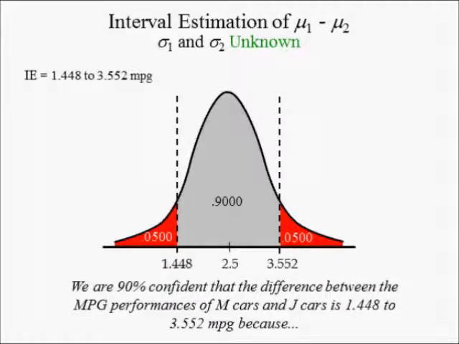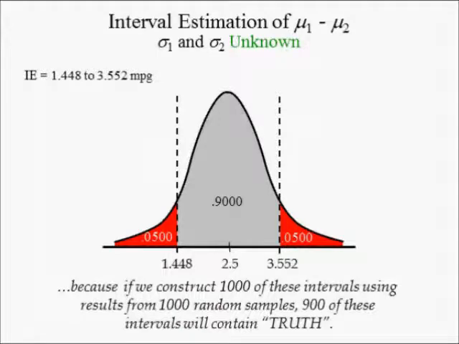We are 90% confident that the difference between the mean fuel economy of the cars is between 1.449 to 3.551 miles per gallon. Because if we construct 1,000 of these intervals using results from 1,000 random samples, 950 of these intervals will contain the true difference in the mean fuel economy of the cars.